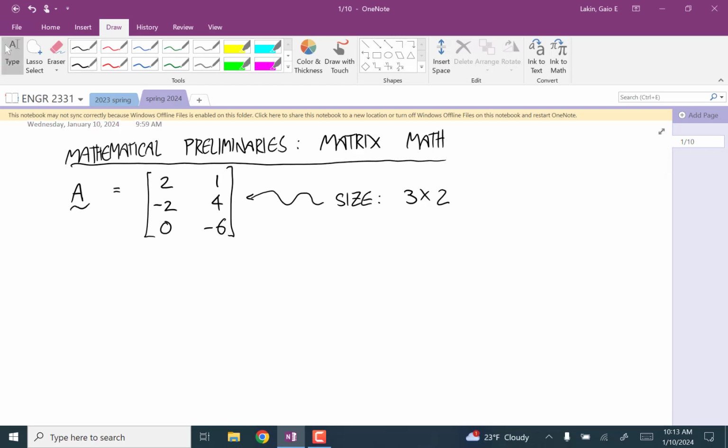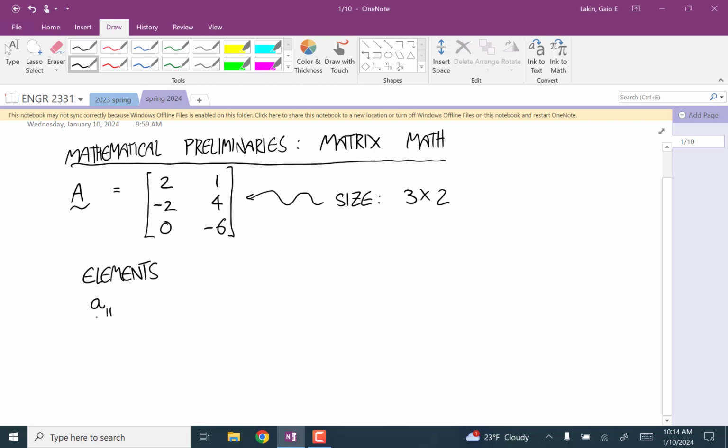And if you're talking about the elements of the matrix, you give the element by the row that it's in, followed by the column that it's in. So element 1, 1.